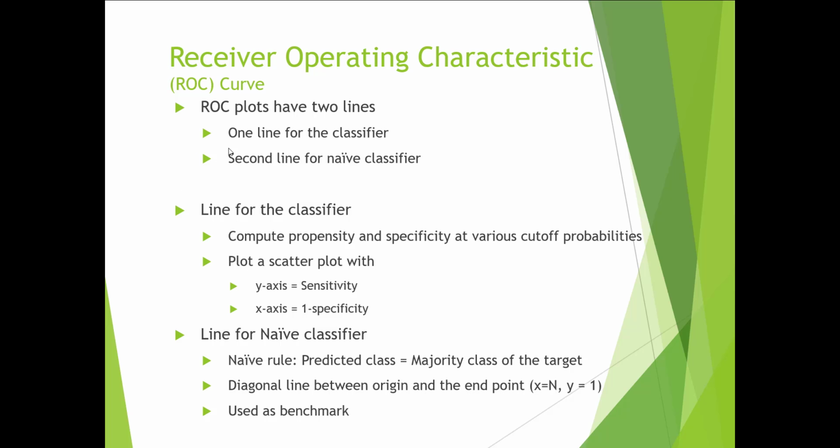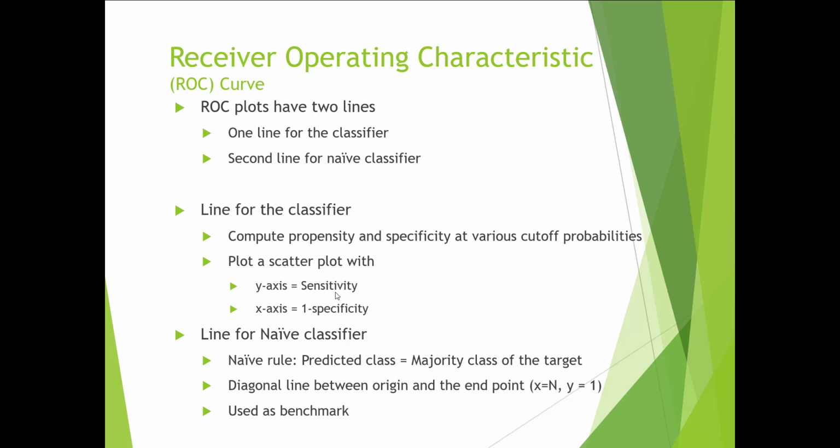So what we're going to graph is, on the y-axis you will have sensitivity, okay, from the confusion matrix. The x-axis will be 1 minus specificity. Okay.